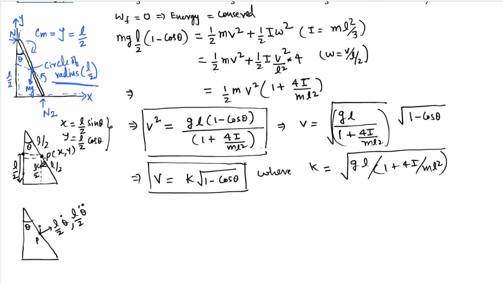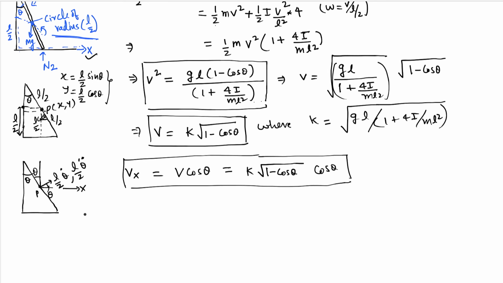Now, if you see this angle, this is theta, this is 90 minus theta, and this is also theta. Okay, so what is Vx, velocity in the x direction? Remember, we have taken x here. So this is nothing but V cos theta, which is k root of 1 minus cos theta, times cos theta. Okay, this is Vx.